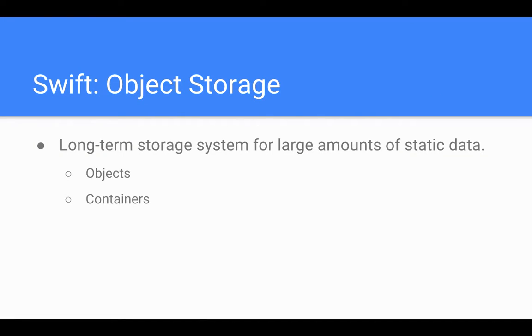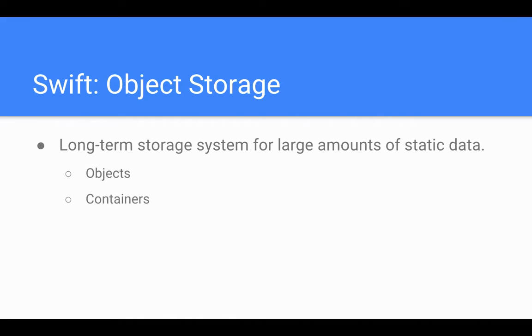The OpenStack object storage project is called Swift, and Swift allows you to have a redundant and scalable data storage where you can retrieve, leverage, and update large amounts of static data. And everything is managed by the Swift API. The two resources that you will find there are objects and containers.